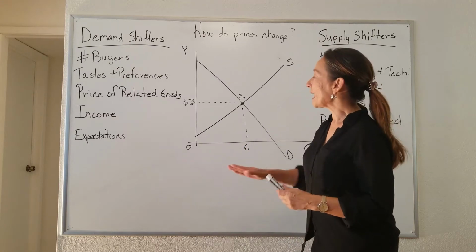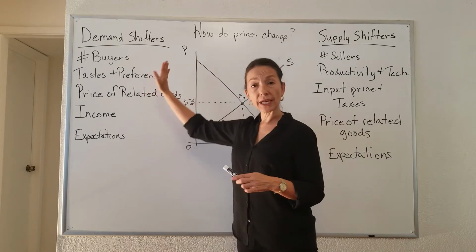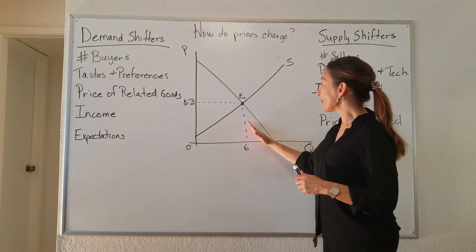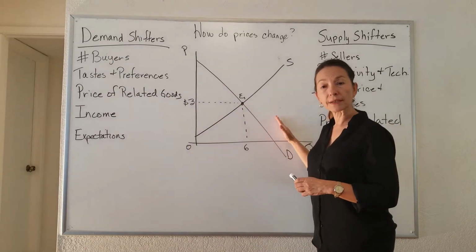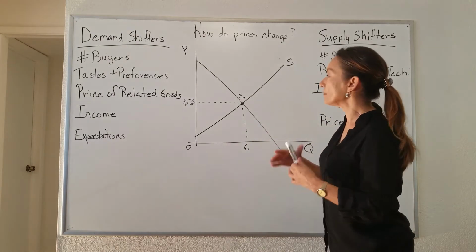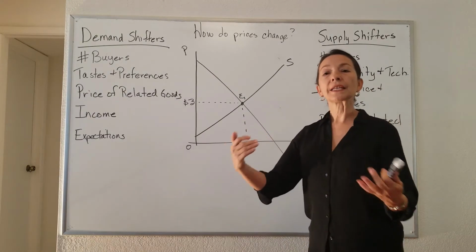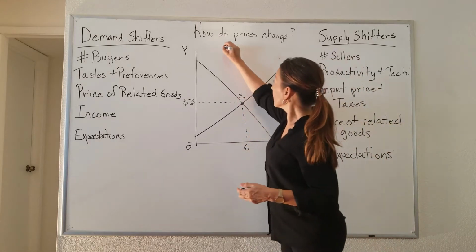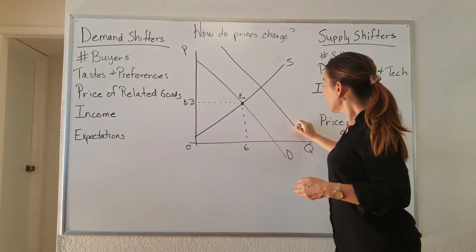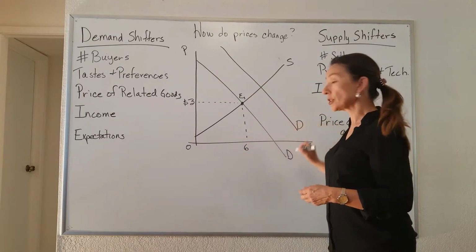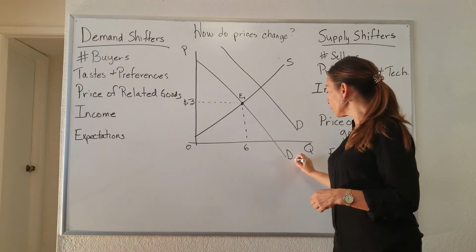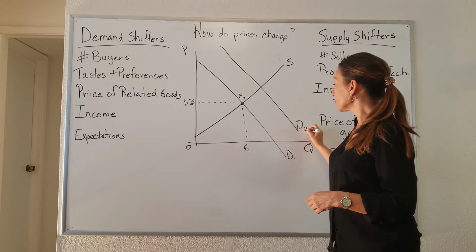Let's say that one of these assumptions changes, causing our demand curve to shift to the right. What will happen? Just for simplicity, let's say number of buyers increases. When that happens, our demand curve is going to shift to the right. I'm going to call this D1, and I'm going to call this D2.